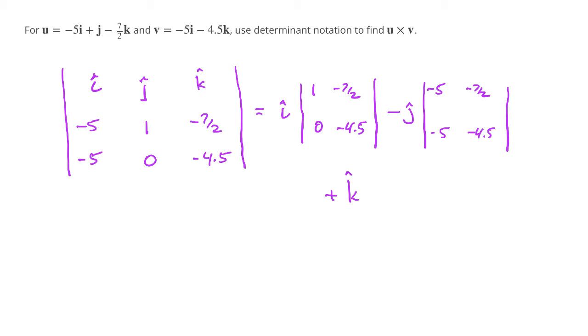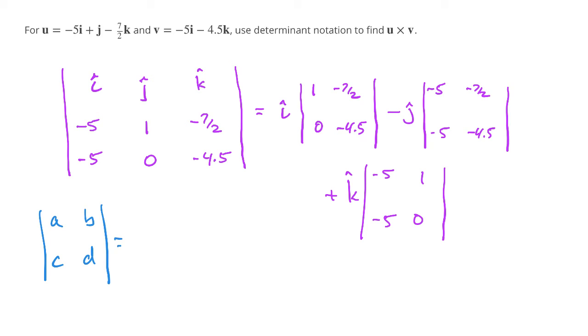And then finally, for our third component, we use our third entry along the first row, which is k, and we now ignore the first row and the third column, and so that will give us a 2 by 2 determinant of -5, 1, -5, and 0. Now to recall how we compute a 2 by 2 determinant: if we've got values a, b, c, and d, we compute the determinant by taking the difference of the diagonals.